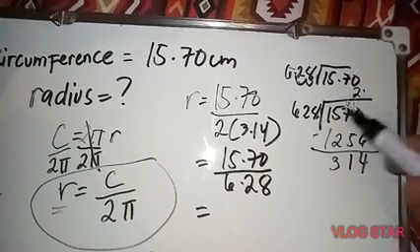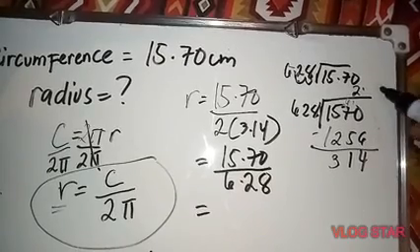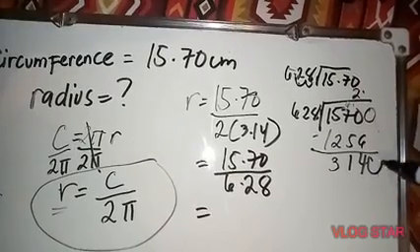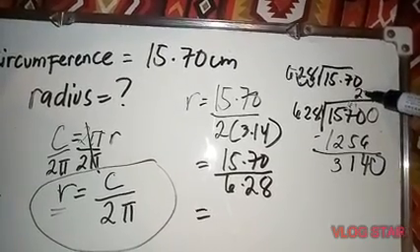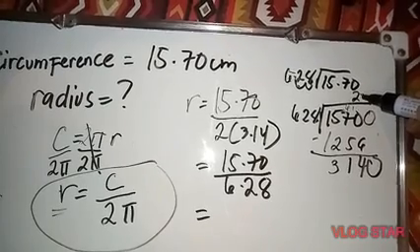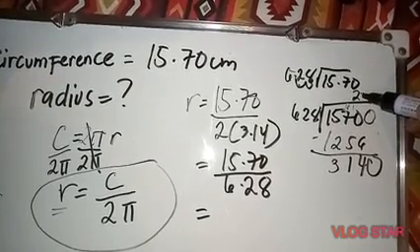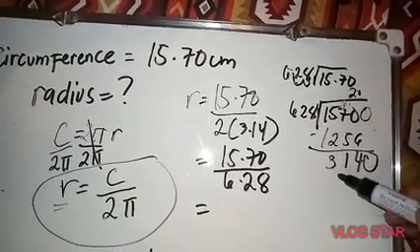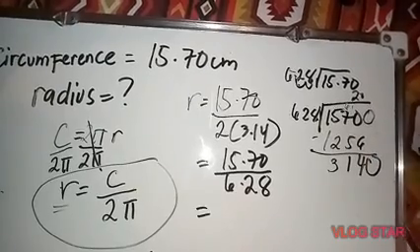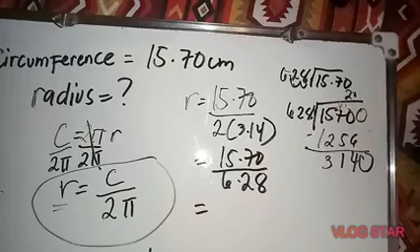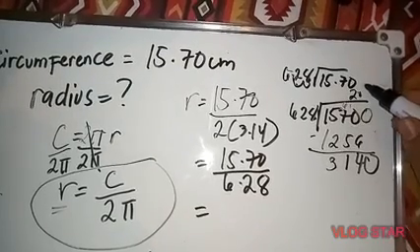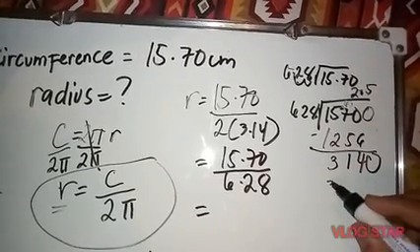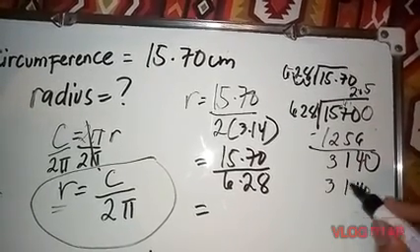314 divided by 628 cannot be done, so we add 0 and bring it down, with the decimal point here. So 3,140 divided by 628, the answer is 5. 5 times 628 is 3,140.